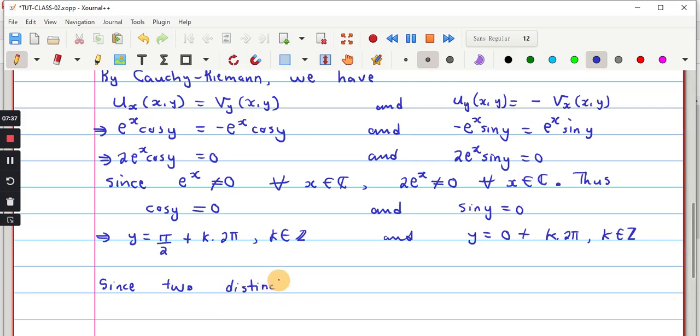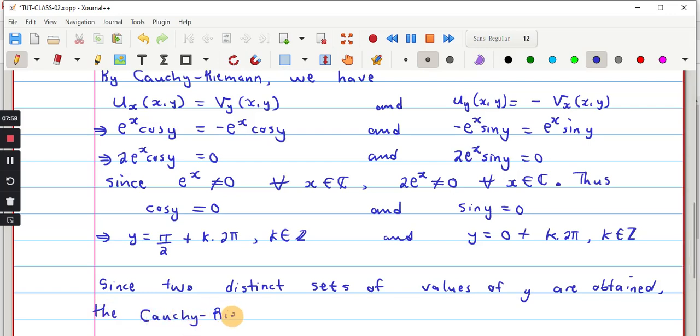Since two distinct sets of values of y are obtained, the Cauchy-Riemann equations cannot be satisfied anyway.